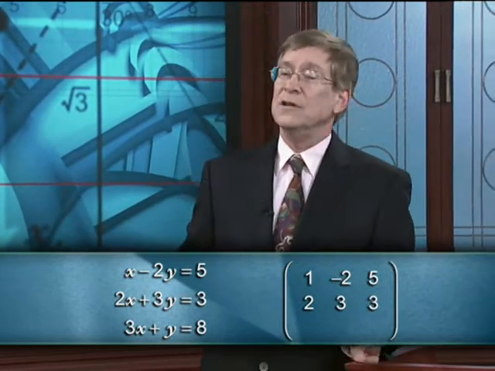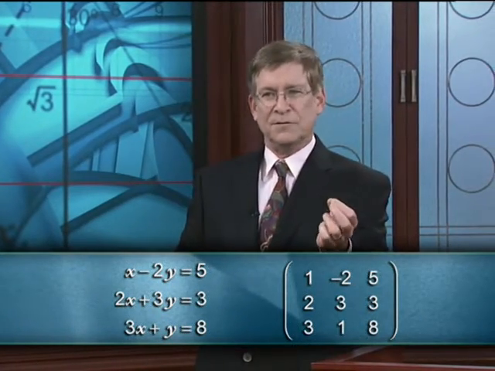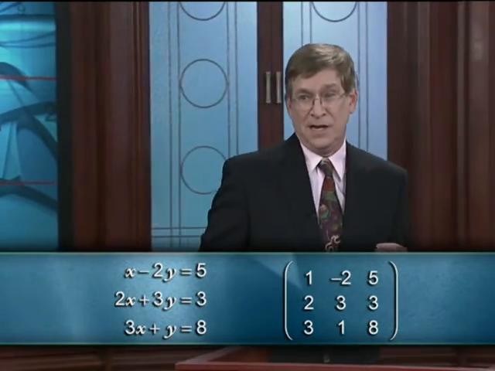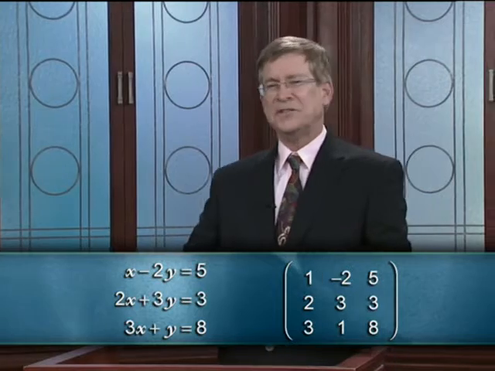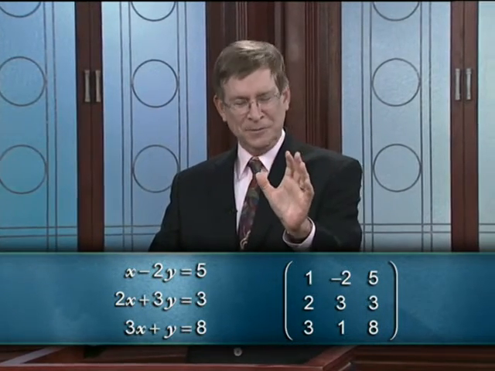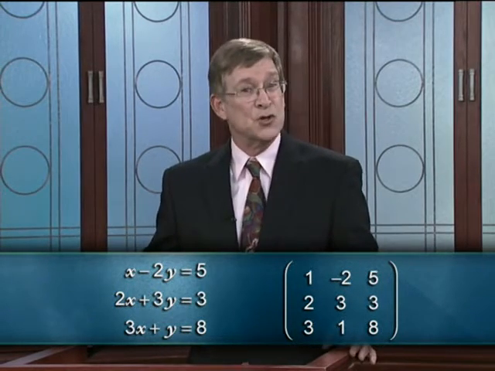And the third equation, I think you get the picture, is 3, 1, 8, because 3 is the coefficient of x, 1 is the coefficient of y, and 8 is the constant term on the right-hand side. So that matrix is a concise way of expressing the linear system without having all those variables in there. We're sort of saving some chalk here, aren't we? And by the way, if you use a graphing utility, you have to express your linear system using matrices. So it's pretty important to do it this way.